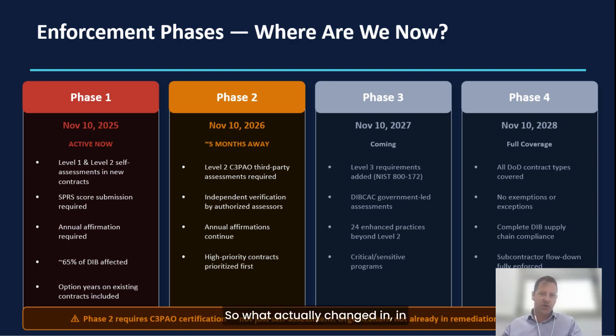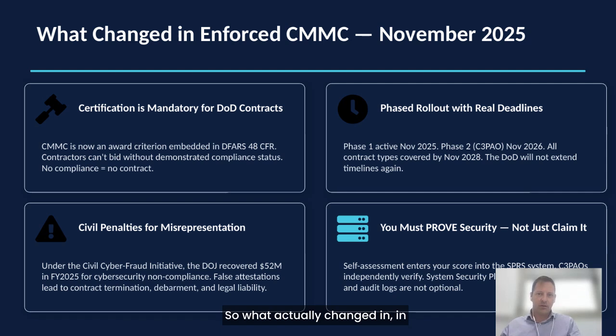So what actually changed in the enforcement in November 2025? This is where things really started to change, and the main thing, as we discussed, is DFARS 48, and DFARS 48 is basically saying in a very clear way that if you want to be part of a DoD contract, you must be CMMC compliant with level 1 and level 2.